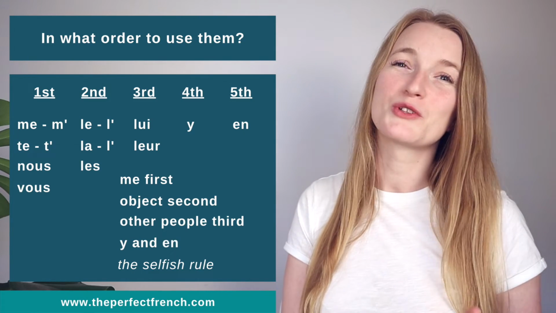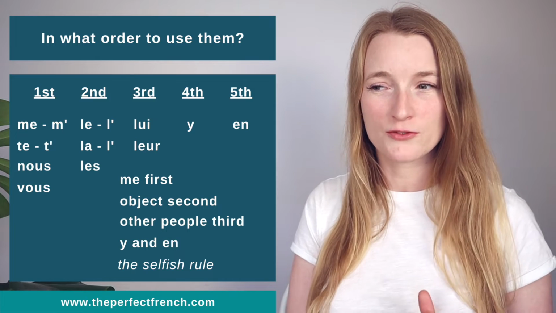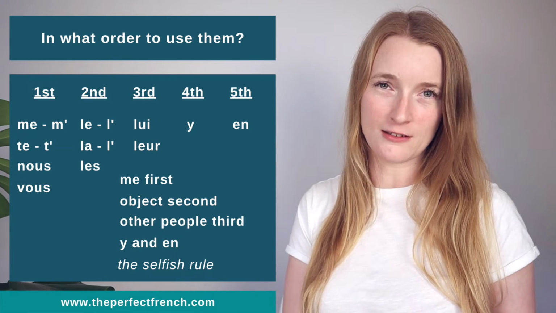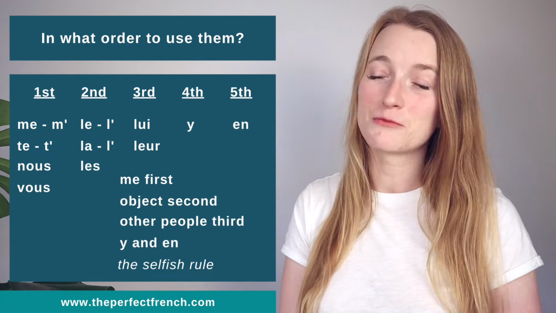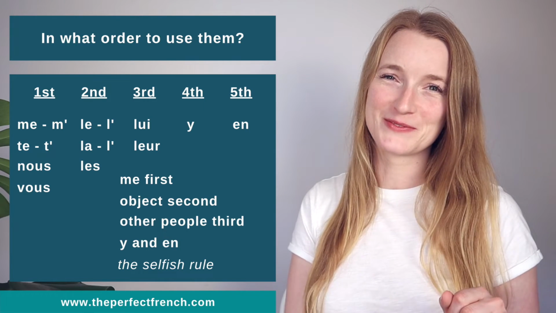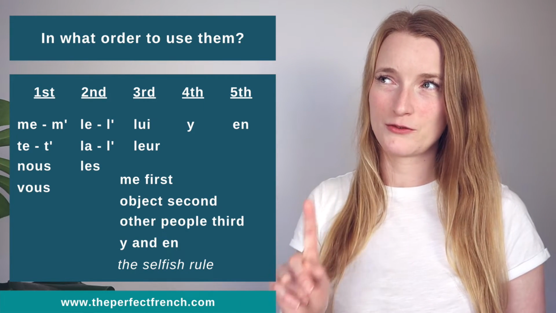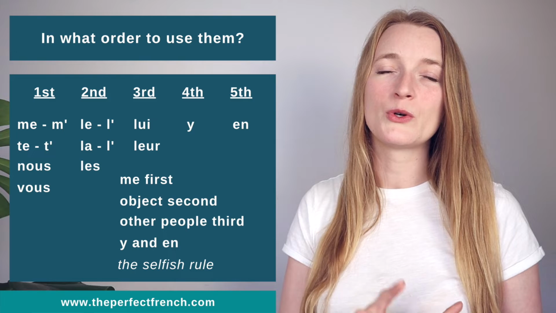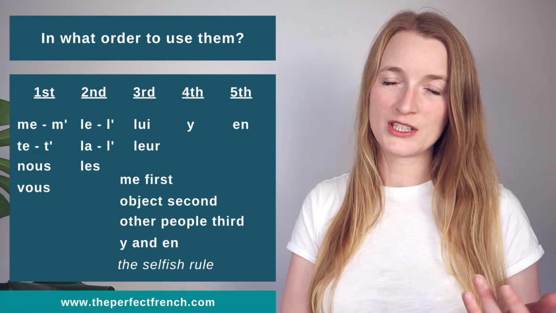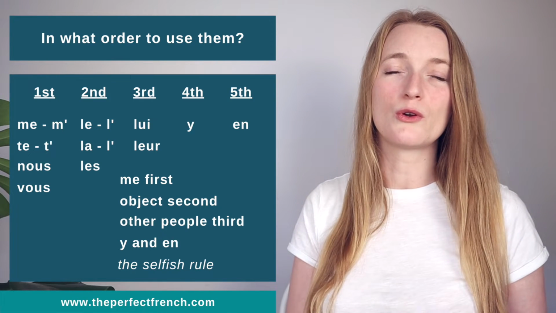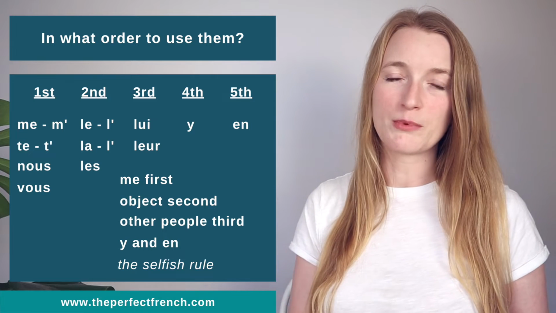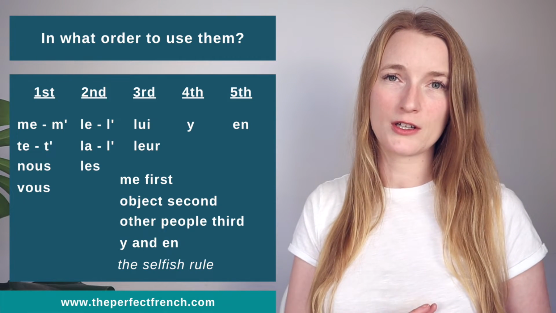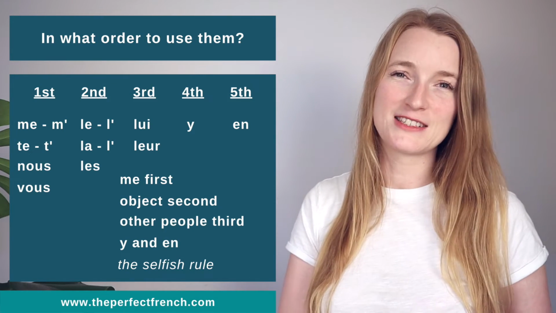If you need a little trick to remember y and en, just think about a donkey. Once again, works really well with the young students. Let's see them one more time. First place, me, te, nous, vous. Second place, le, la, les. Third place, lui, leur. Fourth place, y, en.